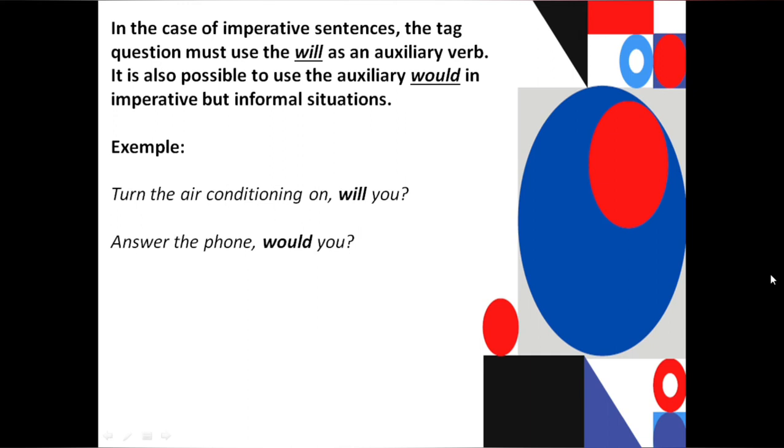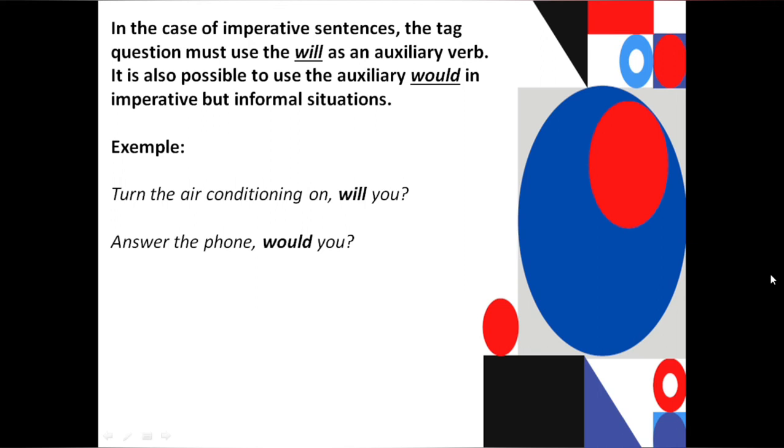I'm telling you to do things, so I'm using the imperative to tell you to do things. So I use tag questions, okay? Turn the air conditioner on, will you? Or take out the trash, will you? Okay, go wash the dishes, would you? The would I will use in the informal situation. So with friends, with your family. It's more informal.